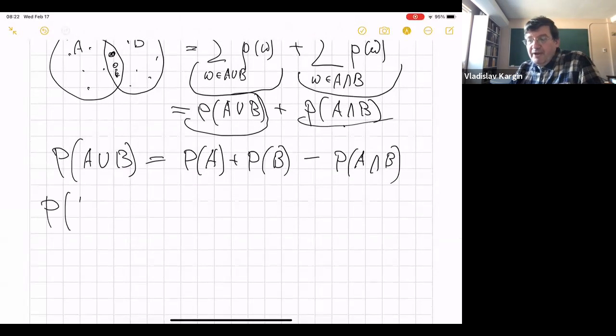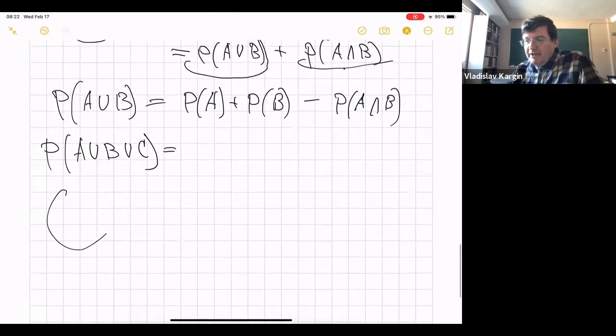Now it's more general. If you have three things, A, B, and C, the picture in this case is like that. So how do I calculate the probability of A union B union C?